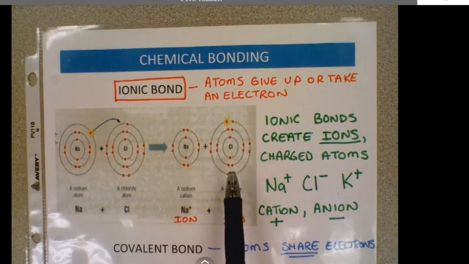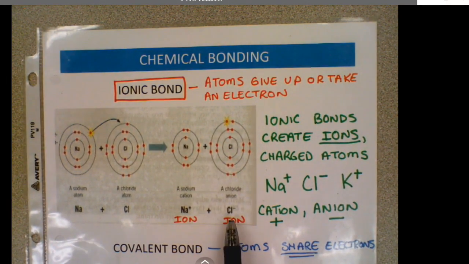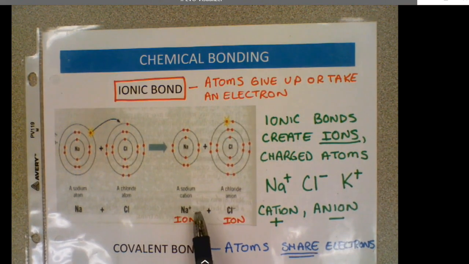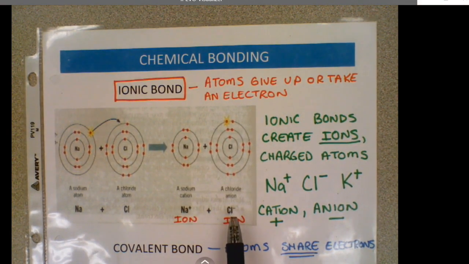Now, chlorine added an electron. So it has an extra negative electron, and that is going to make it negative. So now we've got two ions that can form when we make a salt. We have a positive ion, in this case it's sodium, and a negative ion, which is chlorine.